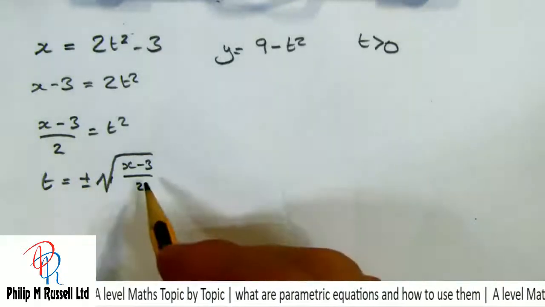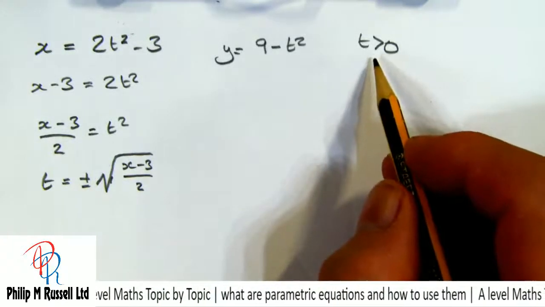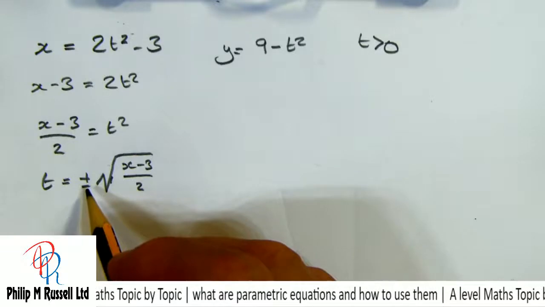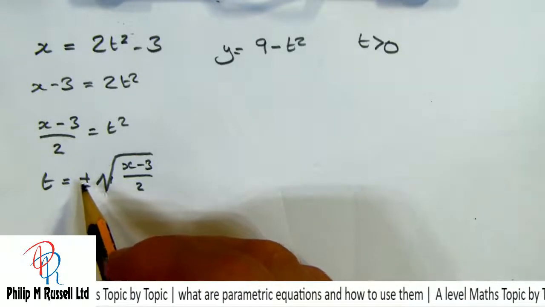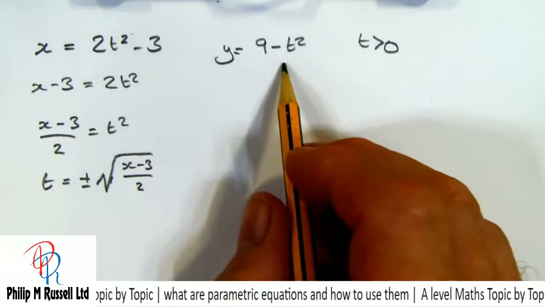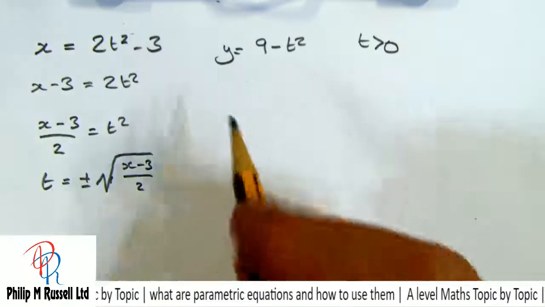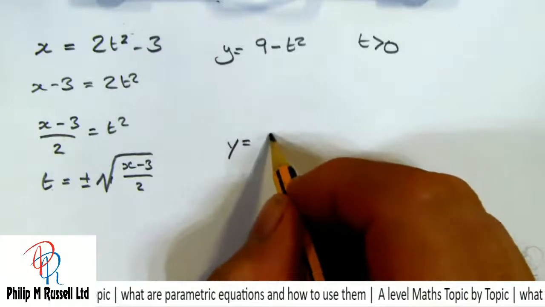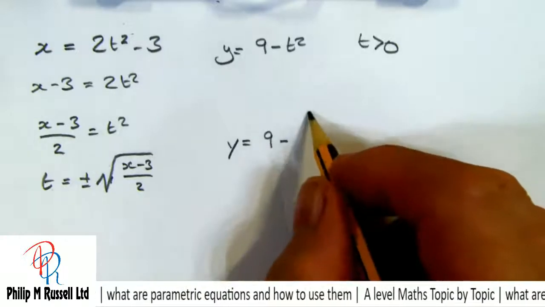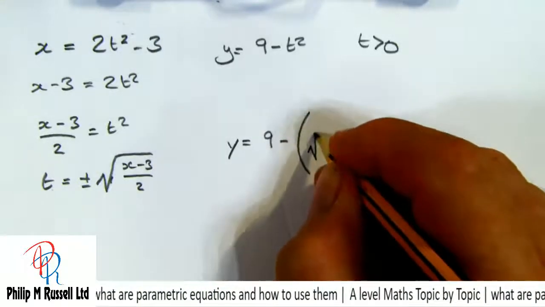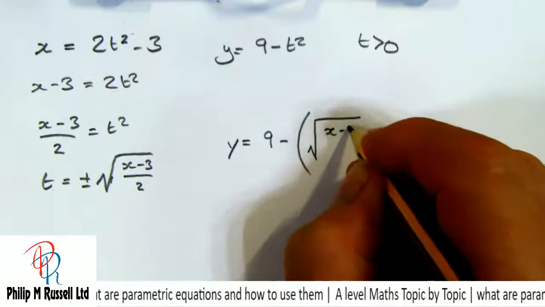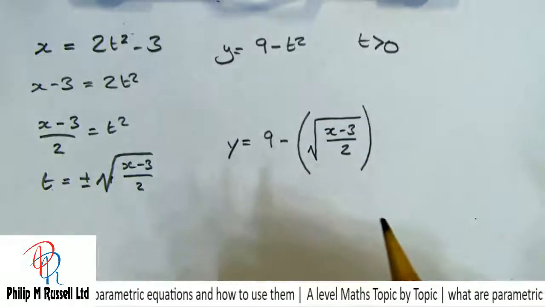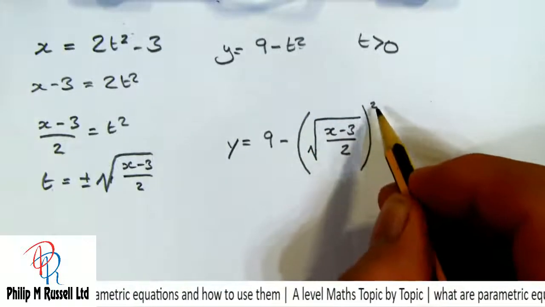Now, I'm told t is greater than 0, so in fact I'm only going to need to take the positive root. So let's substitute this now into there. So we've got y equals 9 minus the square root of x plus 3 over 2, squared.